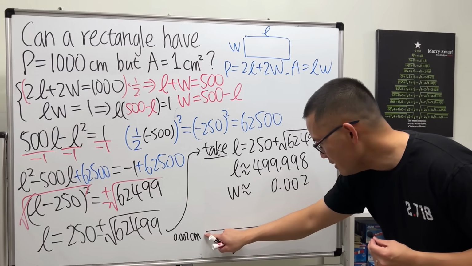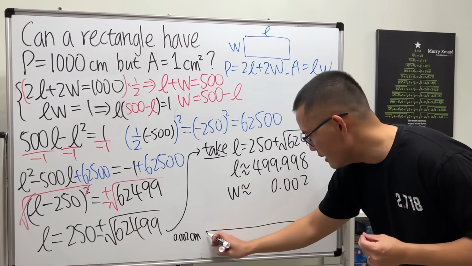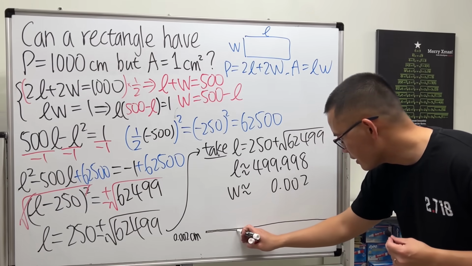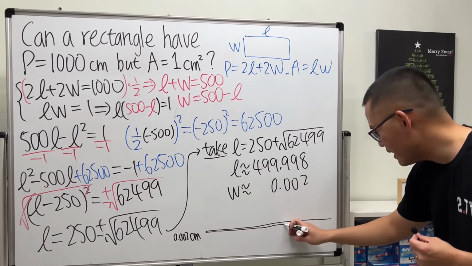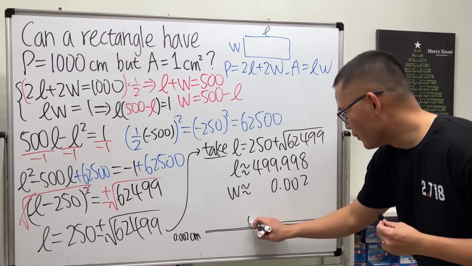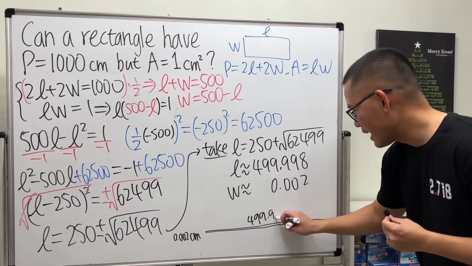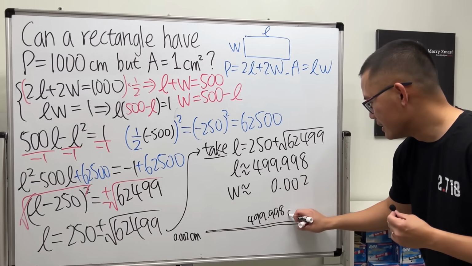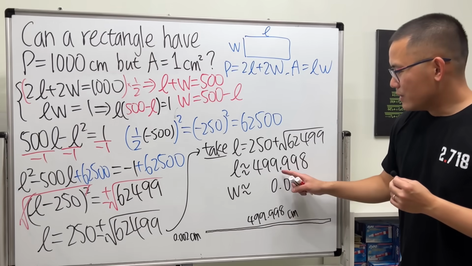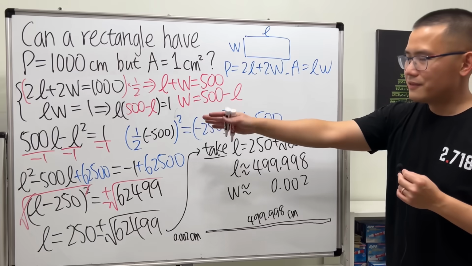It's like there's an area, but you can't see it anymore. Something like this. Okay, I'm sorry. Anyways, this top right here will be 499.998 centimeters. Okay? So they add up to be 500.